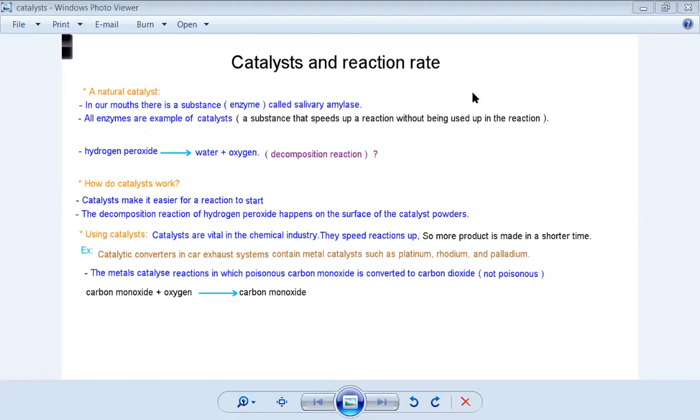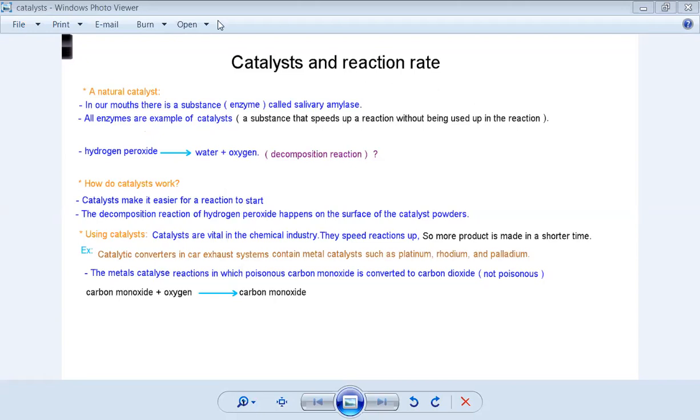So the amylase breaks it down, which makes it easy to be digested in the stomach and the small intestine, large intestine. So the enzyme speeded up the reaction, which is the breaking down.